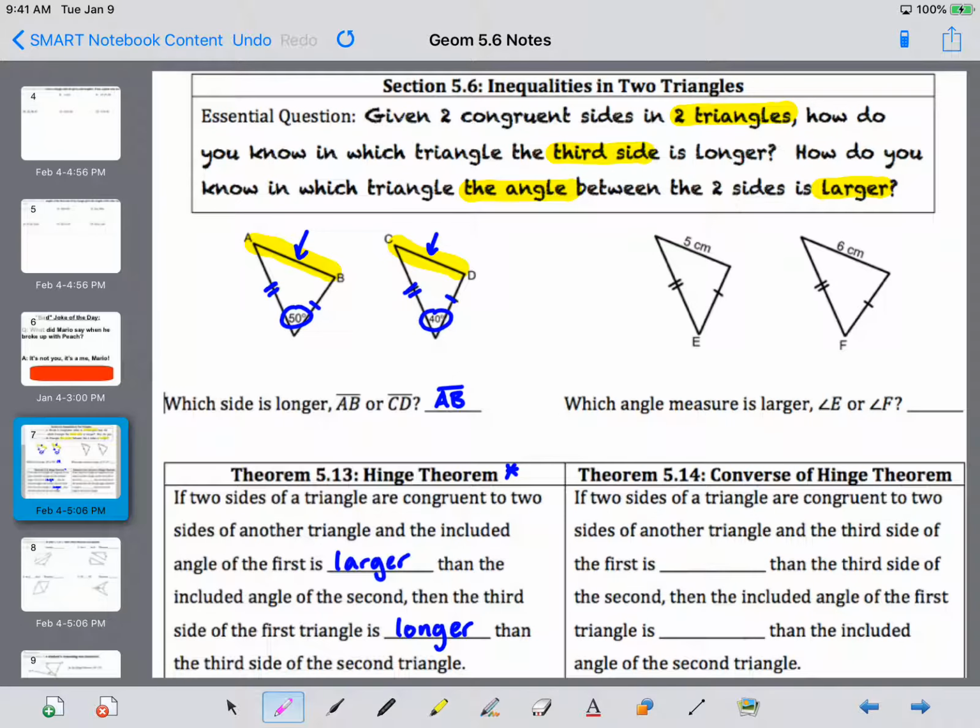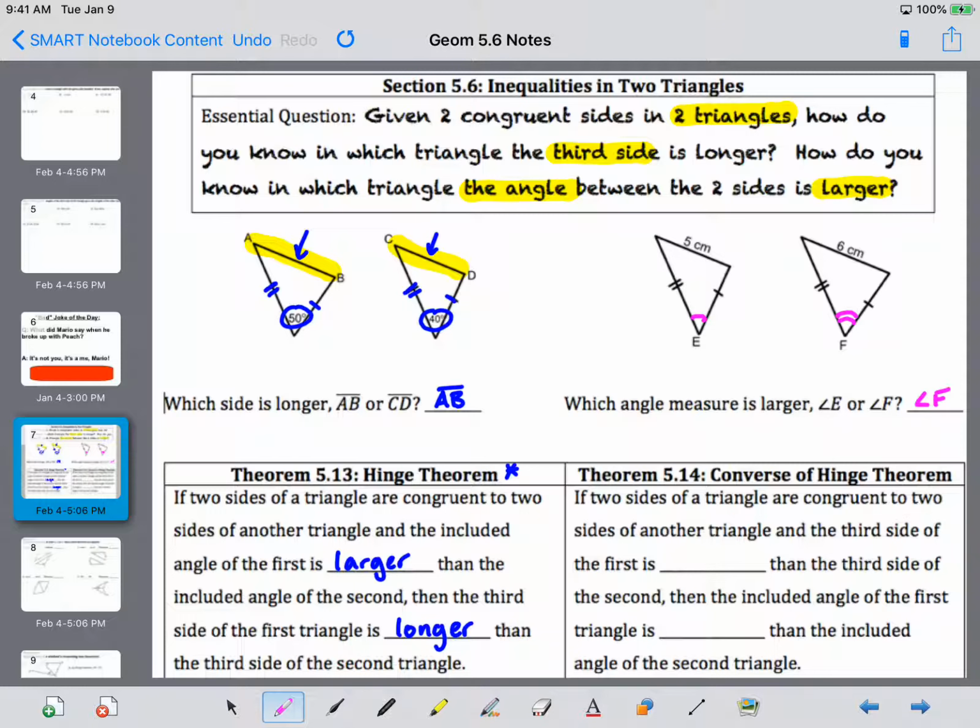Okay, so which angle is larger, angle E or angle F? You can probably again see just by eyeballing this that F is the larger angle.